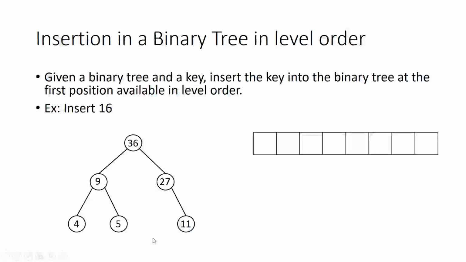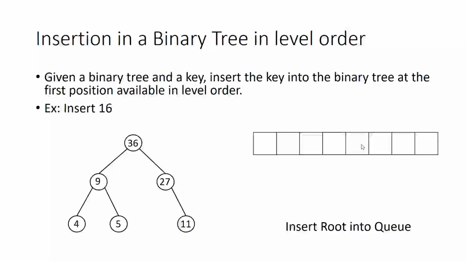For this we are going in the level order, that is BFS we are following. Right from 36 we are going to traverse, using the queue, to perform this insertion operation. First traversing should be done, then insertion can be done. For identifying the first available position, we are traversing.